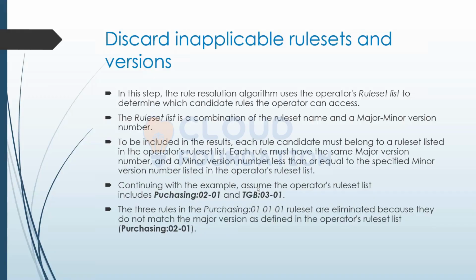If not, they would be discarded. There's a simple logic behind this. Look at this third bullet point here. I'm going to read this out: to be included in the results, each rule candidate must belong to a rule set listed on the operator list. The first thumb rule is, if it has to be included, it has to be part of the operator rule set list.